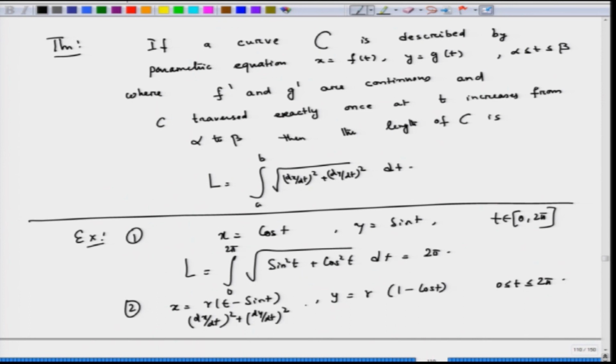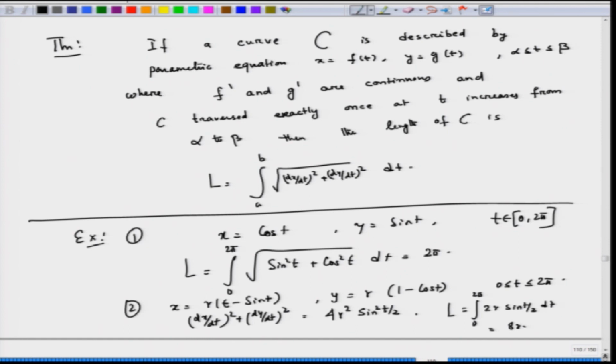If we compute that by taking the derivative, you can easily see that it is 4 r square sin square t by 2. Therefore, the L you are going to get is the integral from 0 to 2 pi of 2 r sin t by 2 dt, and since we know the antiderivative of sin t by 2, we can compute it. You are going to get 8r.